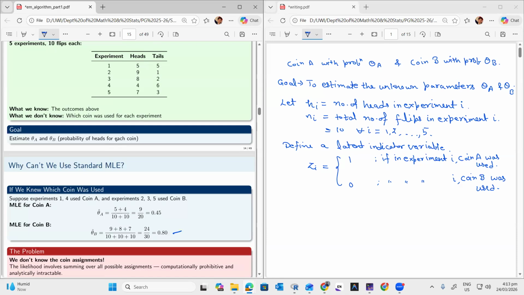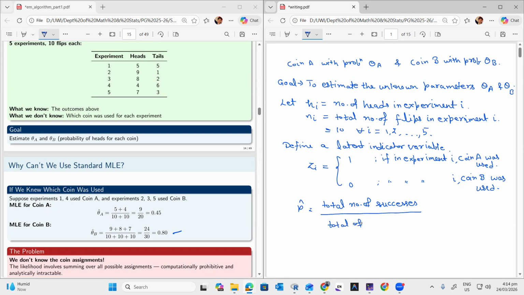So the MLE of the binomial success probability was always that we already know, that is p cap, basically total number of successes divided by total number of trials. All right. That is basically the formula. So from this formula, we computed the theta A and theta B.